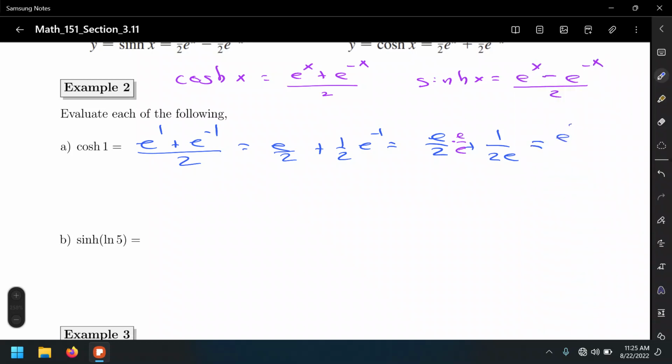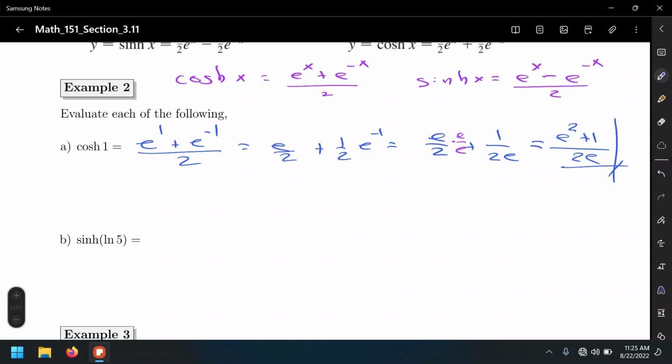So that's e squared plus 1 over 2e. And this is a simplified fraction, because we don't have a complex fraction, that is, fractions over fractions. In this case, it's just numerator over denominator. All right.